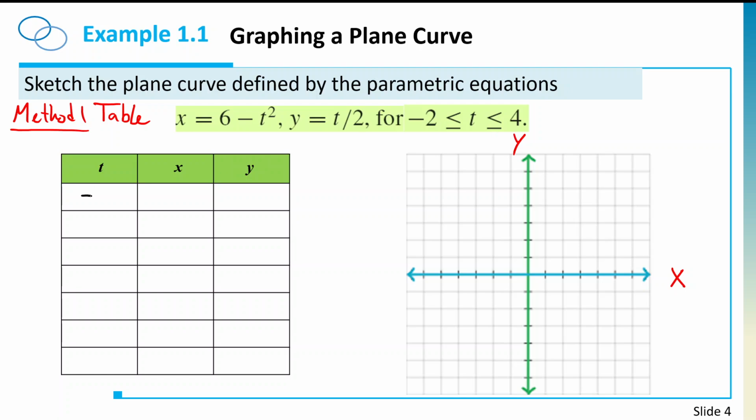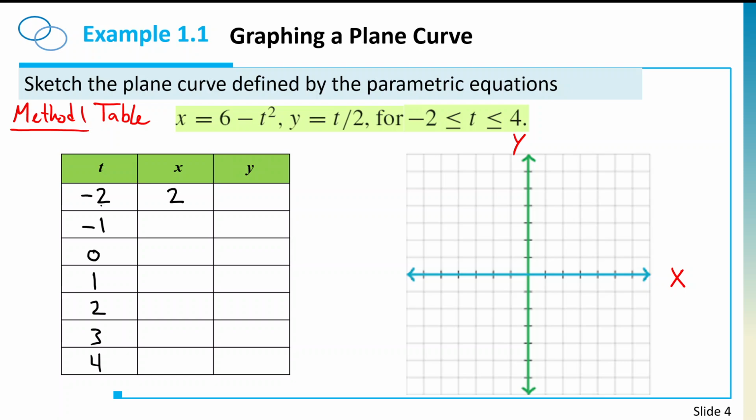So if I start with integers, I'll take -2, -1, 0, 1, 2, 3, 4. That's it. So t goes from -2 to 4. Now, how can I find x? Just substitute the values for t in the equation of x. Same for y. Replace them in the equation of y. If I do the substitution, I'll create this table.